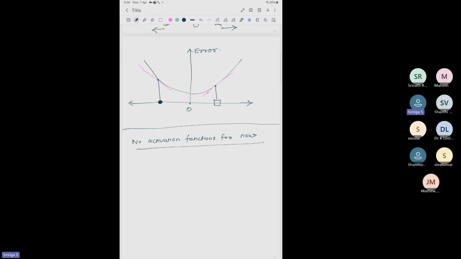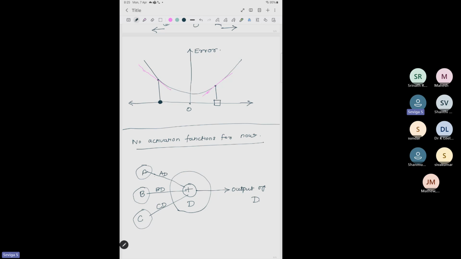For example, if you have a neuron like this, we have three neurons A, B, C. Let the weight here be AD, the weight here be BD, and the weight here be CD.